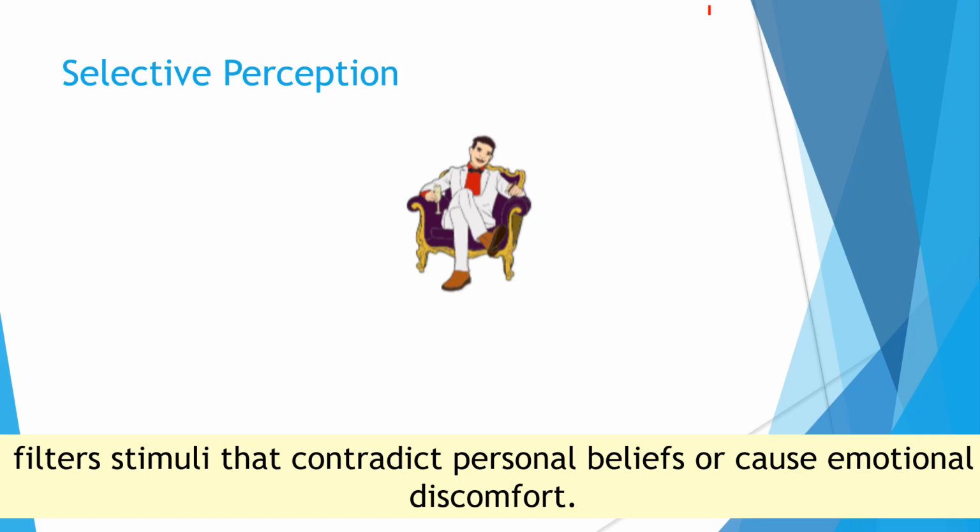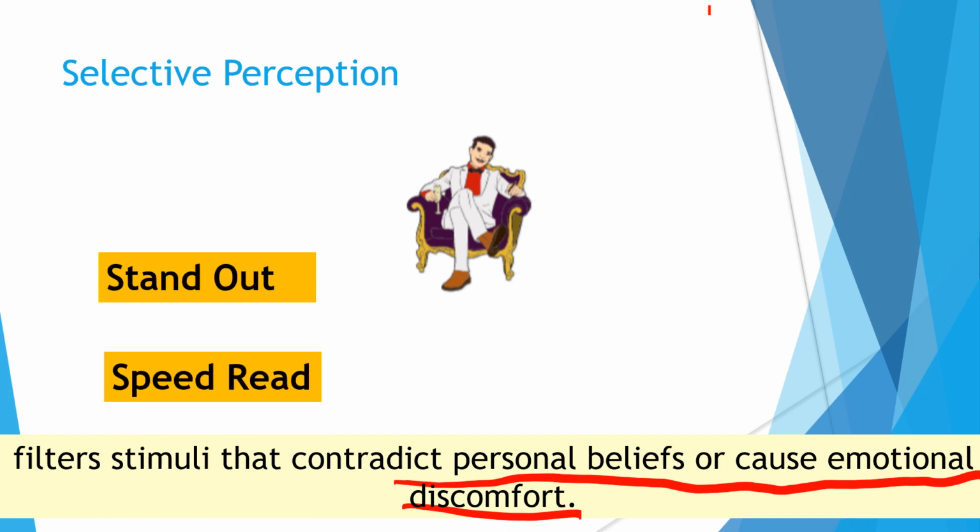It also filters out stimuli that contradict personal beliefs or cause emotional discomfort. Any characteristic that makes a person, object or incident stand out will increase the probability that we will perceive it. Why? Because it is impossible for us to assimilate everything we see. We can take only certain stimuli.